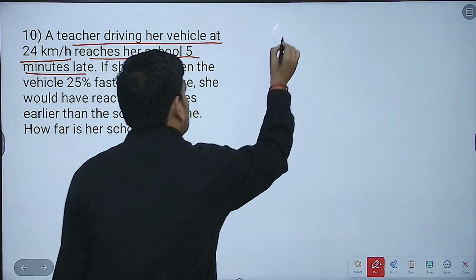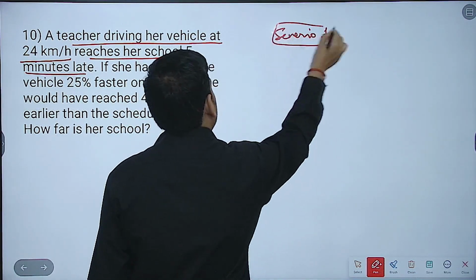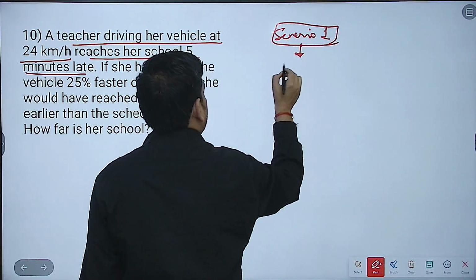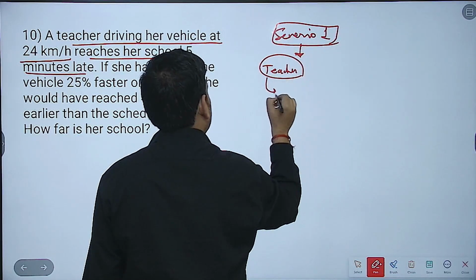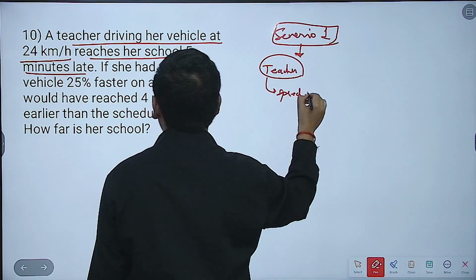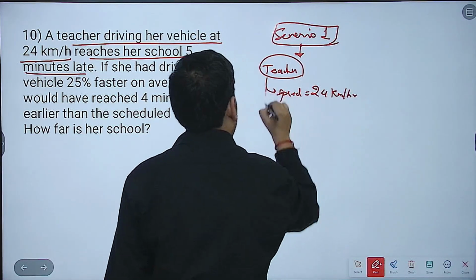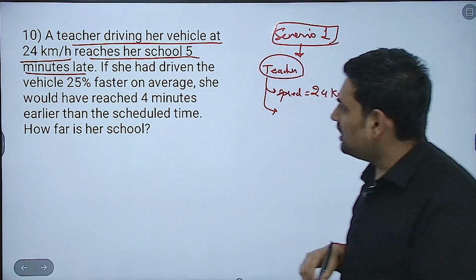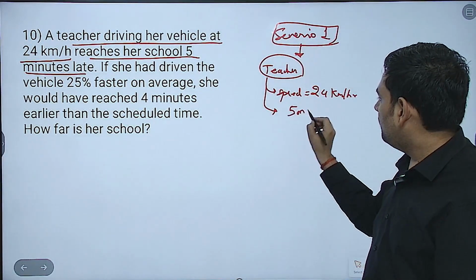So scenario 1 is: the teacher's speed is 24 km per hour, and she is reaching school 5 minutes late.